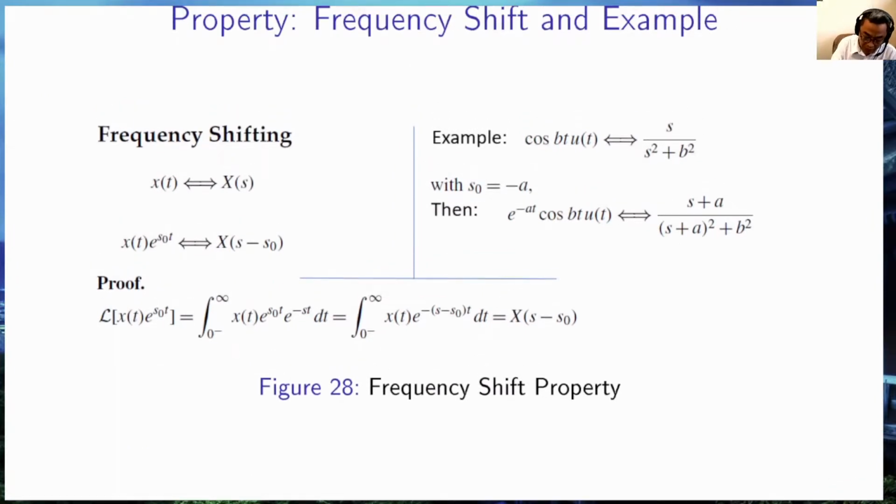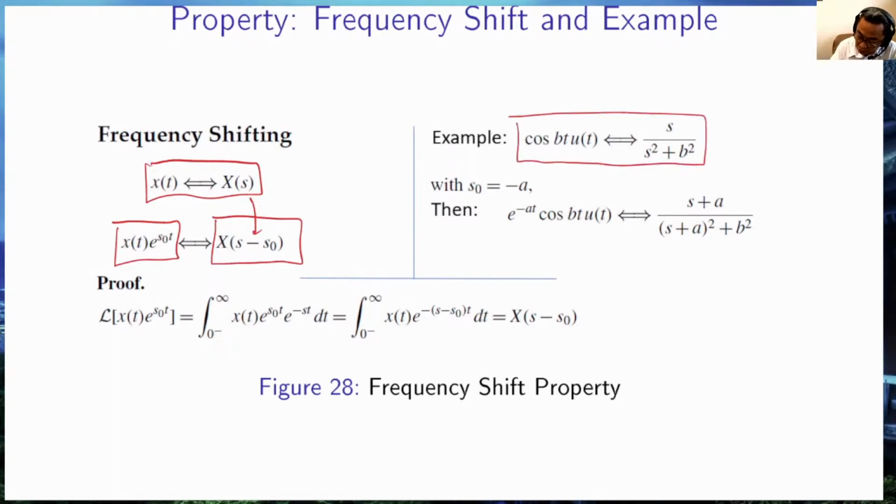Lastly, when we have x of t that is Laplace transformed into X of s, if we multiply x of t by a complex exponential e to the s naught t, then in the Laplace transform, the s is replaced by s minus s naught. So in our example, we have cosine bt u of t, which has the right hand side s over s squared plus b squared.